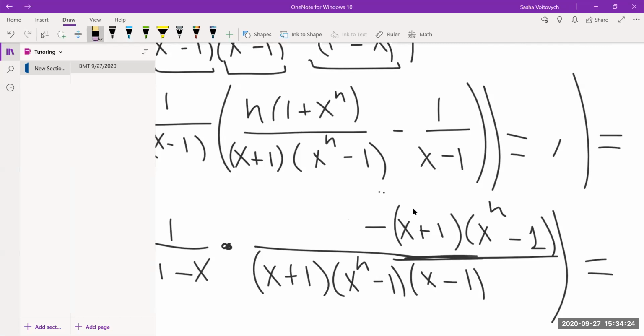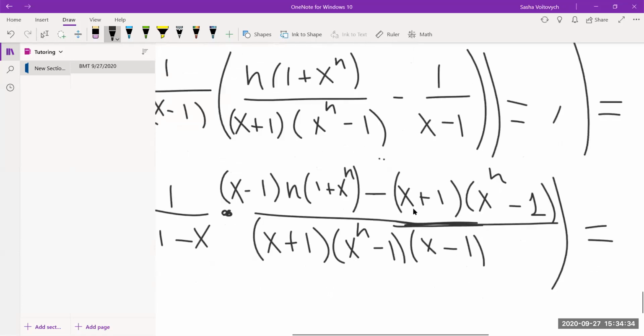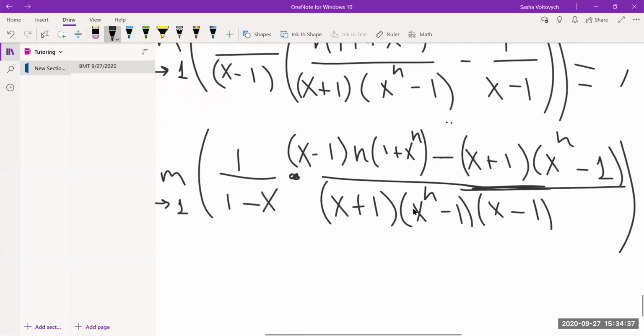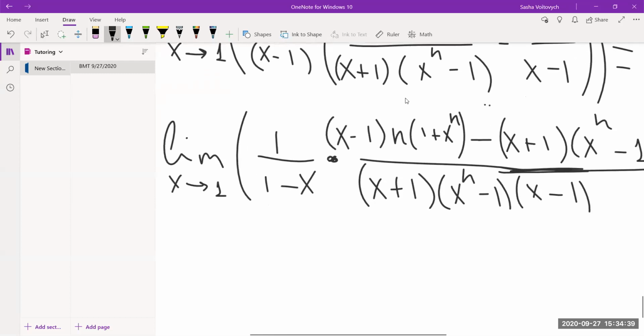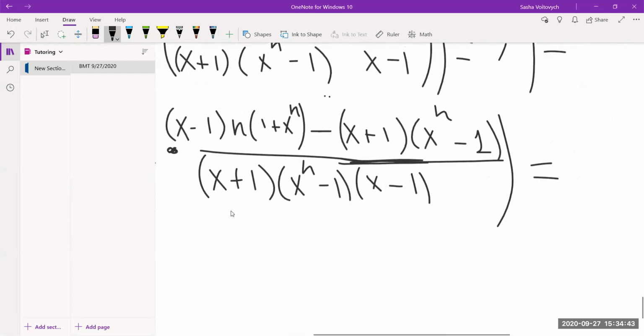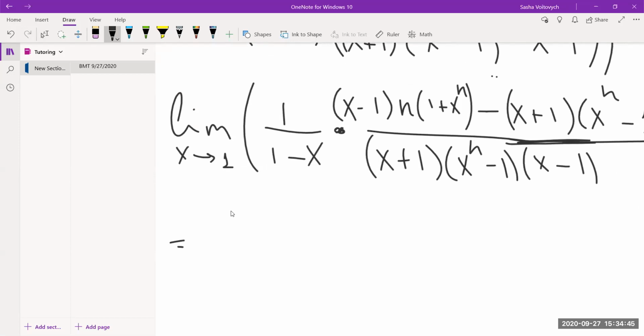And we multiply this by x minus 1 as well, so x minus 1 and 1 plus x to the power of n.